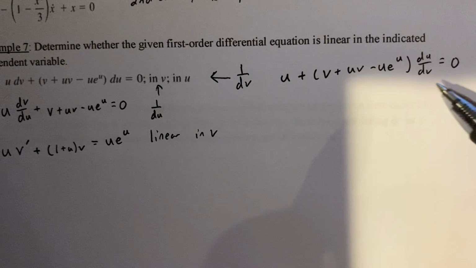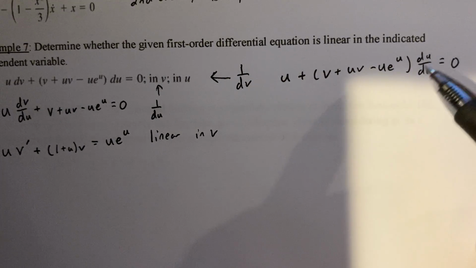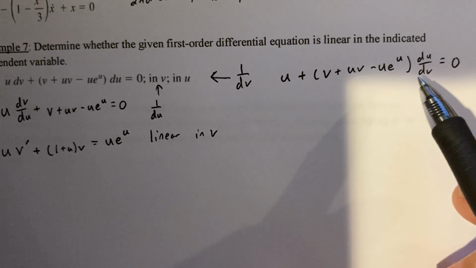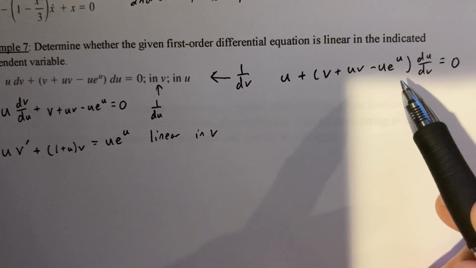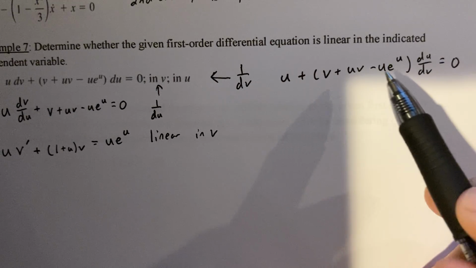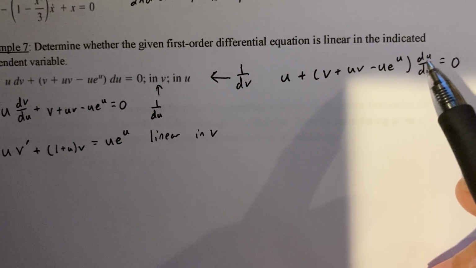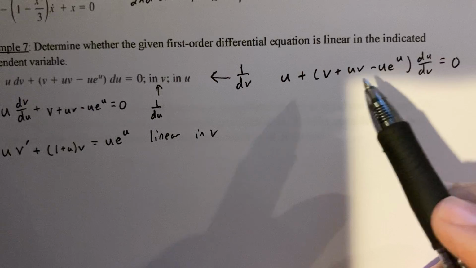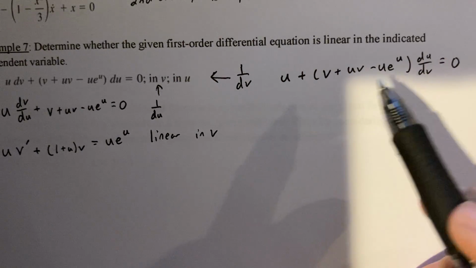Hopefully now you're able to see, okay, here's my derivative. It's of the first order, but when I look at all my information over here towards the left, I have v inside of the function that's multiplying my derivative.